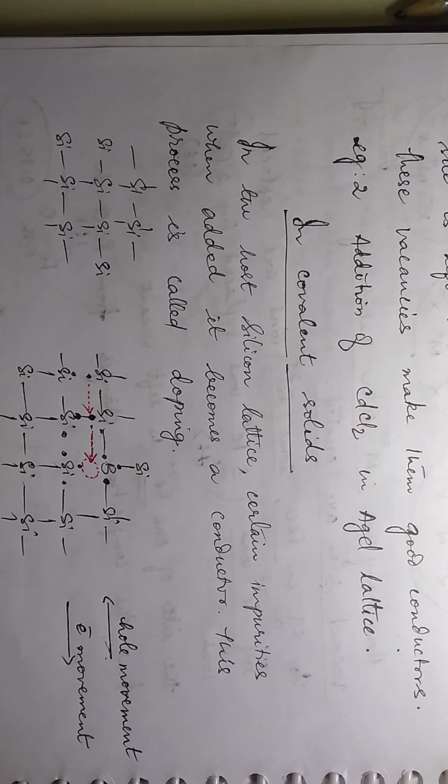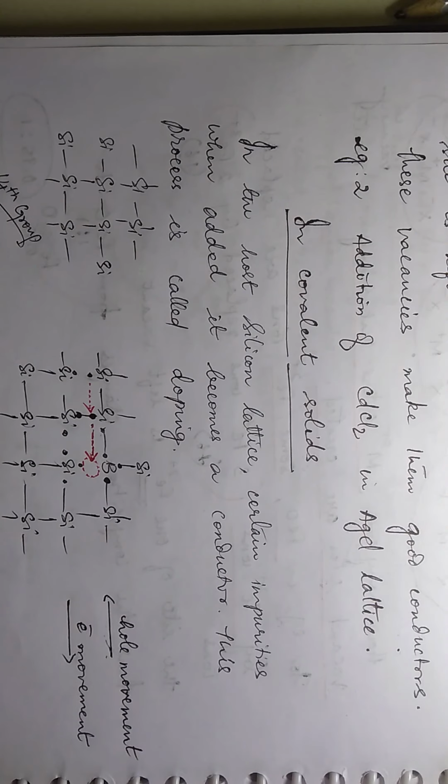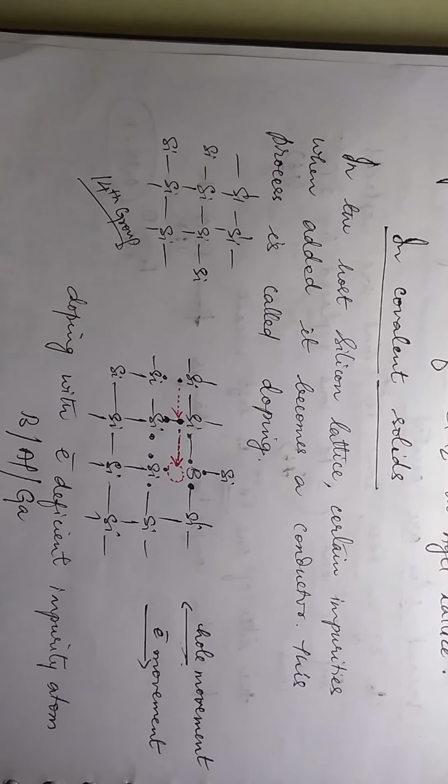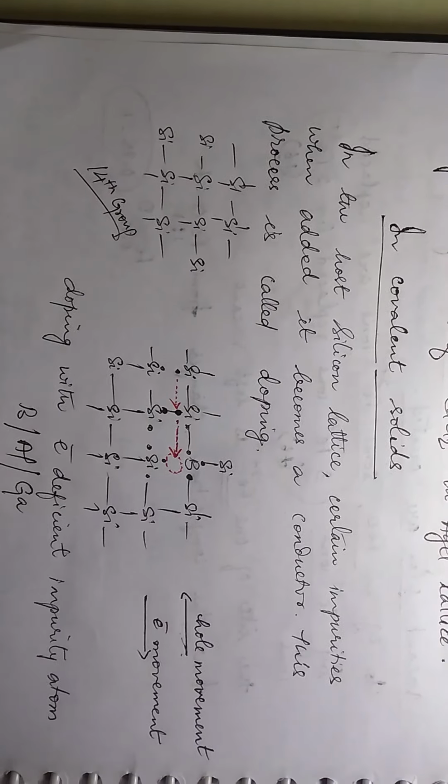Now you are adding an impurity. Silicon belongs to 14th group, and the impurity atom that you are adding may belong to either 13th group or 15th group.